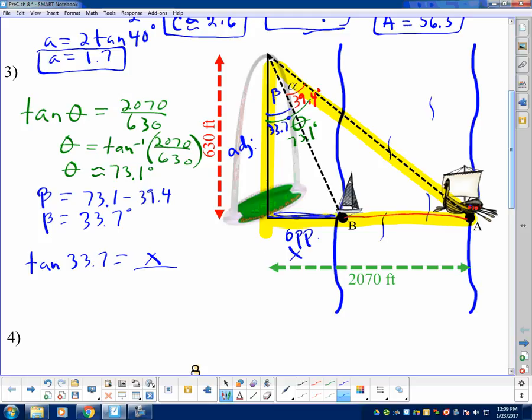Opposite can be our x from here to here over adjacent 630. So x over 630. And then if I cross multiply and solve that, I get the length x. X equals 630 tangent 33.7, which equals 420.2 feet.